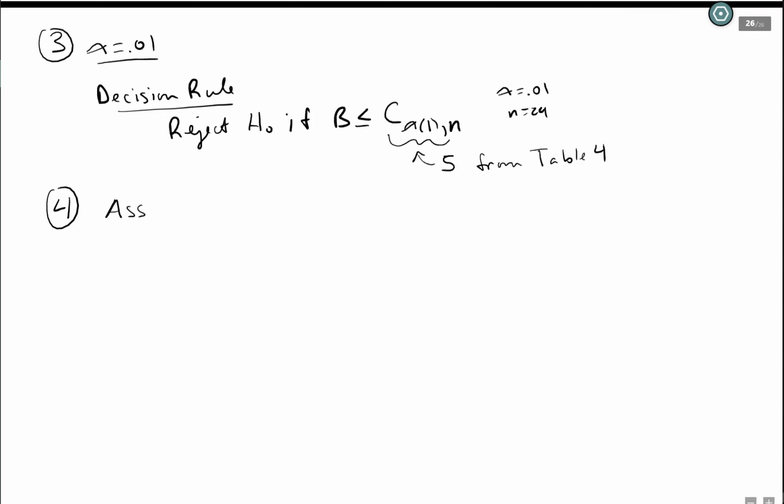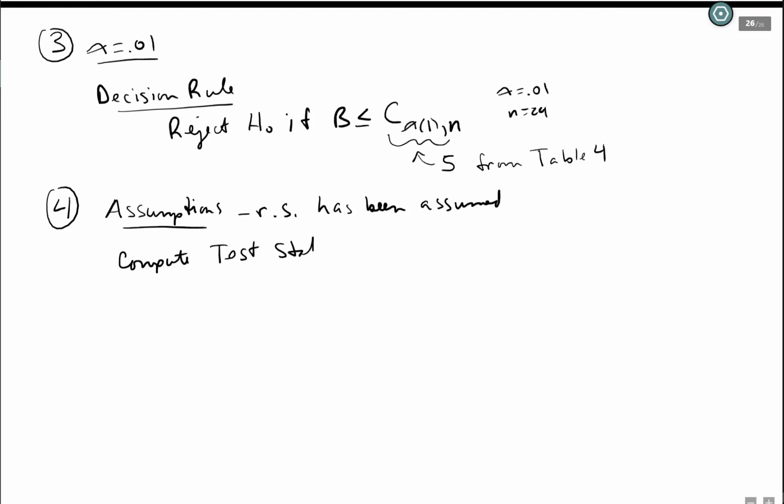Now in step 4, I'm going to get ready to make a decision. Before I do that, I'll make a statement about the assumptions. The assumption that you need here is a random sample, and that's been assumed, and we discussed that earlier. And so we're good to go with the sign test here. Next I'm going to compute my test statistic. This is pretty easy, right? We just counted the number of values that were bigger than 20, and our observed B was 6.